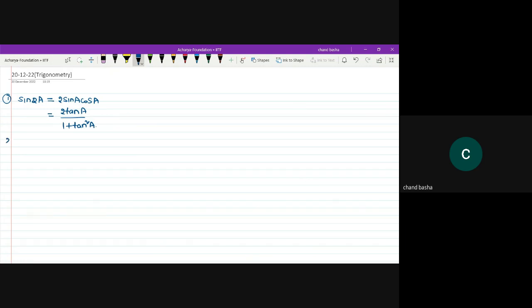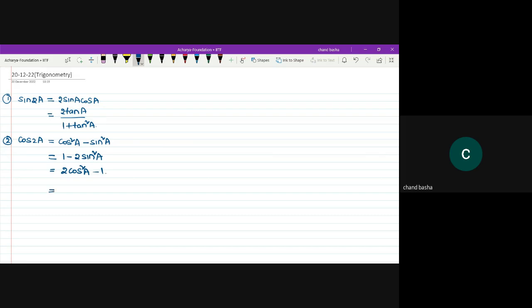And the second point, I just wrote the formula, but we did not discuss anything related to it. Cos 2A formula. I have given 3-4 formulas related to cos 2A. The first and foremost, which is one of the most important formulas: cos square A minus sine square A. I have also written this as 1 minus 2 sine square A. You can write cos 2A only in terms of sine, and if you want, in terms of just cos: 2 cos square A minus 1.